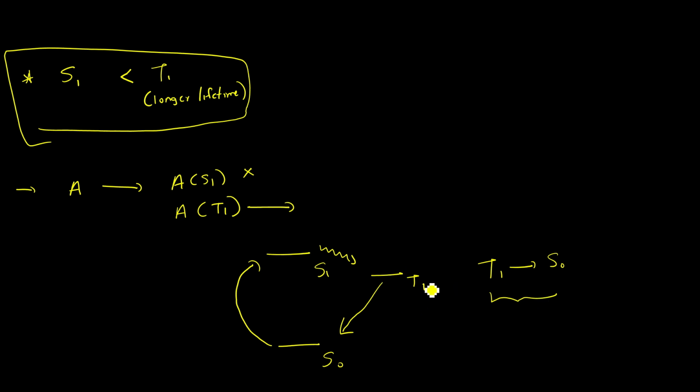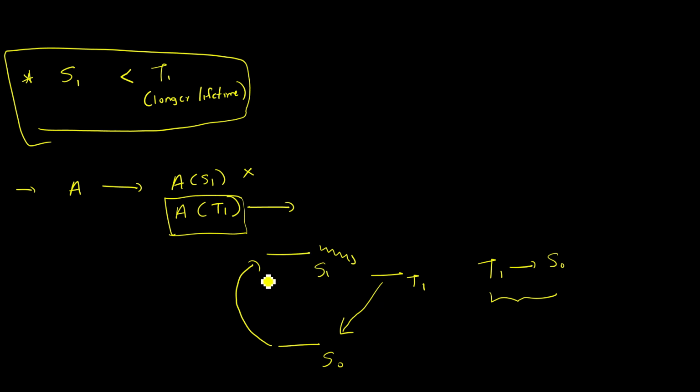So when you have the T1 excited state, that molecule has a relatively longer lifetime in the T1 state compared to S1, because it doesn't have anywhere to go for relaxation. This is spin forbidden, so this relaxation process is very slow. It would take time to relax from T1 to S0.